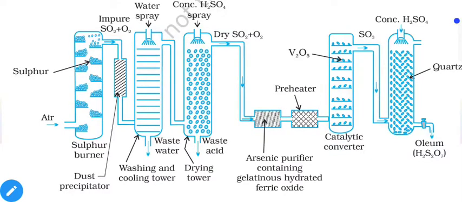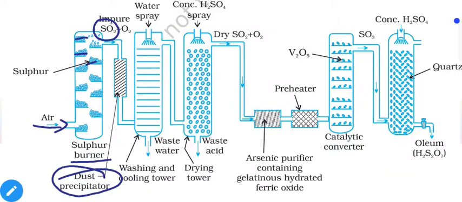On the leftmost side we have an inlet for air. This tower contains sulfur, so it is a sulfur burner. Simply, when sulfur burns, it converts into sulfur dioxide. Initially we have impure sulfur dioxide gas. It will pass through a dust precipitator, which will precipitate the dust.